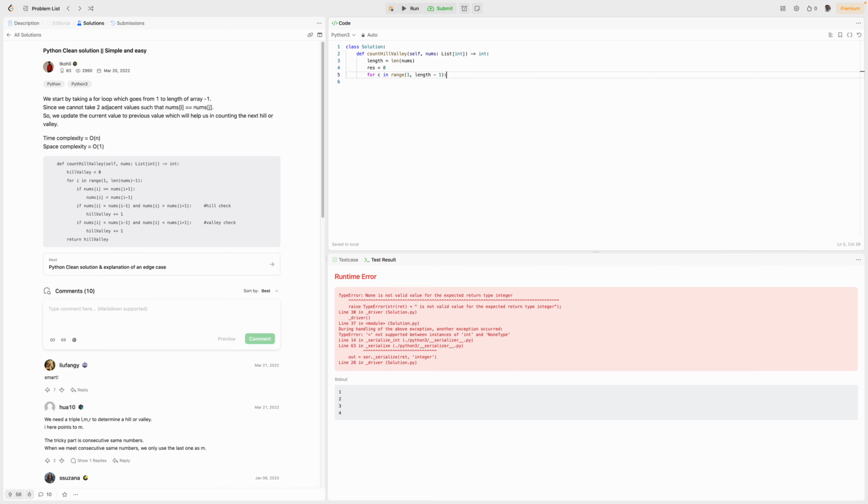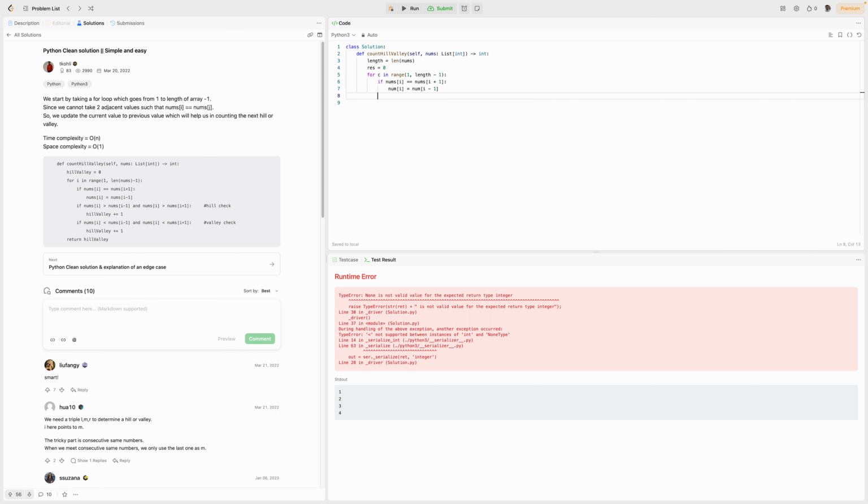So if the next number is equal to the previous number, I plus 1, then we carry the number over. Num at I is equal to num at I minus 1.